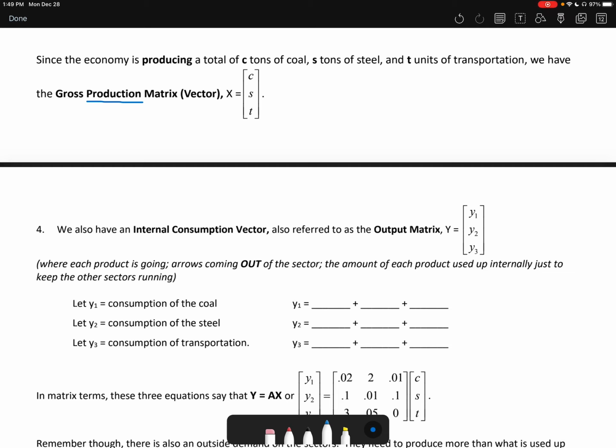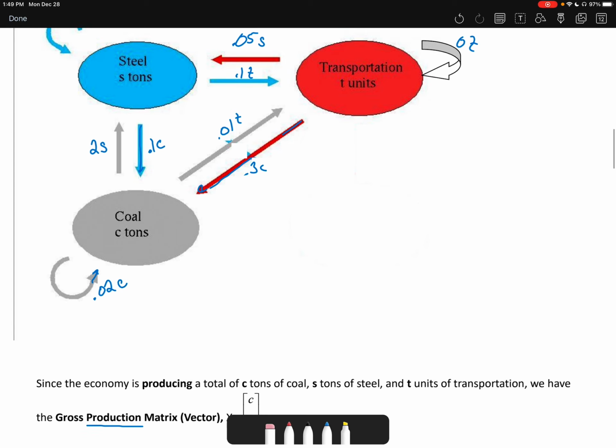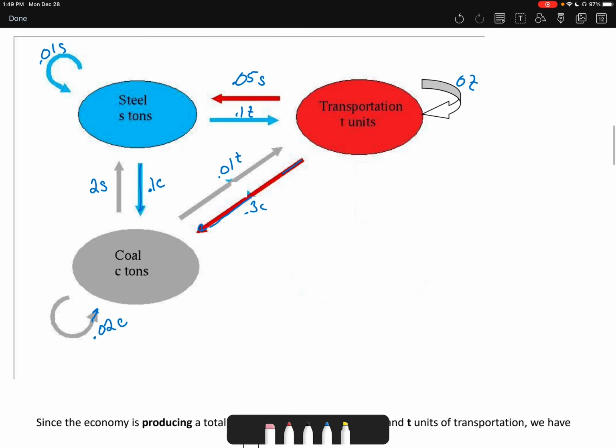So in this case, if we were talking about the output of coal, steel, and transportation, we would go back to our image and we would instead look at what's going into the sectors, look at what's coming out of them. So what's coming out of coal?